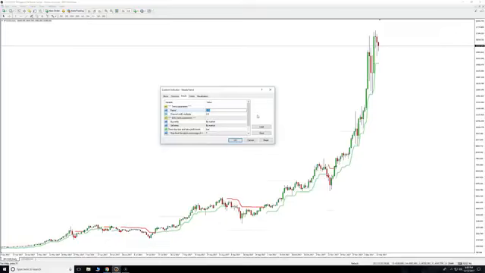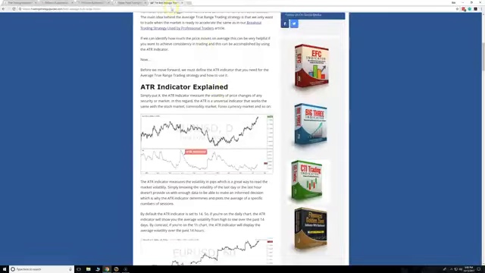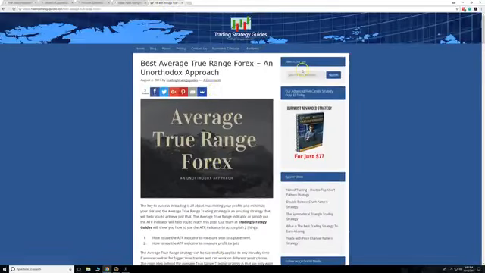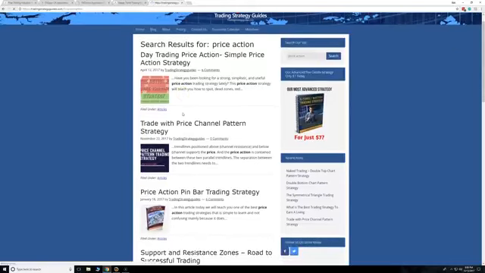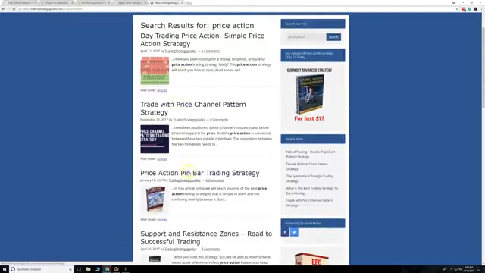Just make sure that you learn some price action techniques. And what you could actually do is go ahead over to our blog, and a lot of people use this function. A lot of people use it. You can even do price action. We have a really good price action article. We actually have a lot of price action articles, like price action channel, price action pin bars.